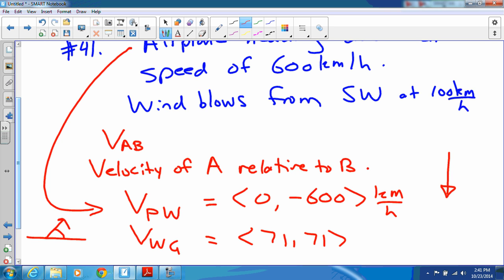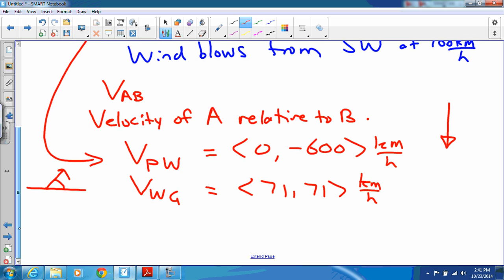You're not going to try to trick us? No. If I want to specify a direction that's not exactly southwest, I would say something like 10 degrees north of west.